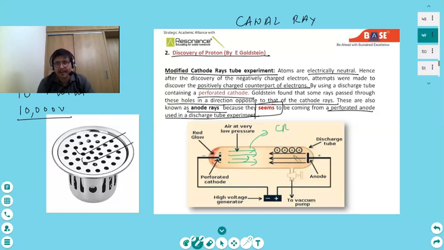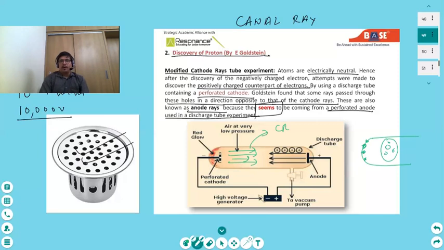But after some time, anode rays were seen. And when you see anode rays, since it is a perforated cathode here, the glows were only in that area where holes were, not everywhere. Wherever holes are there, just opposite to it, the brightness was there, not on every counterpart. It is not completely full like this, the glow. It is only opposite of those holes.